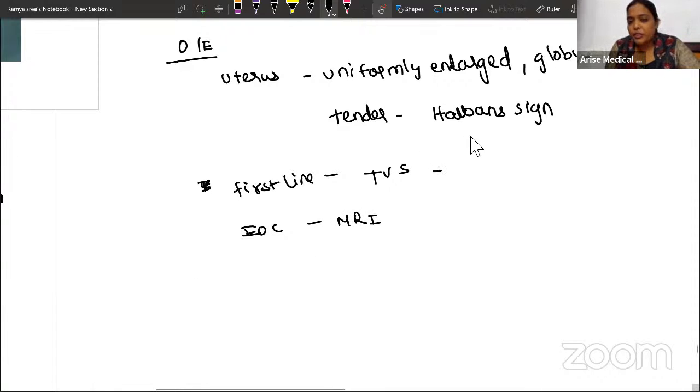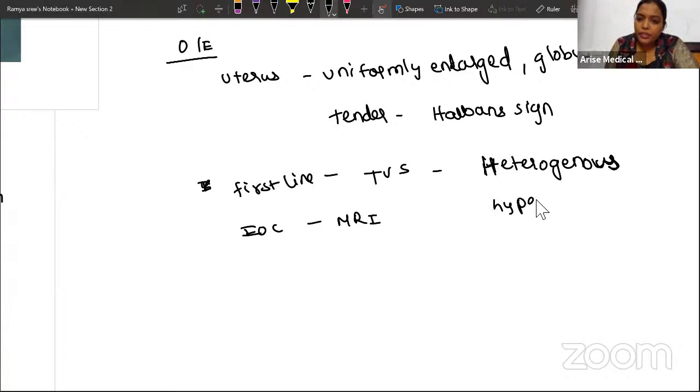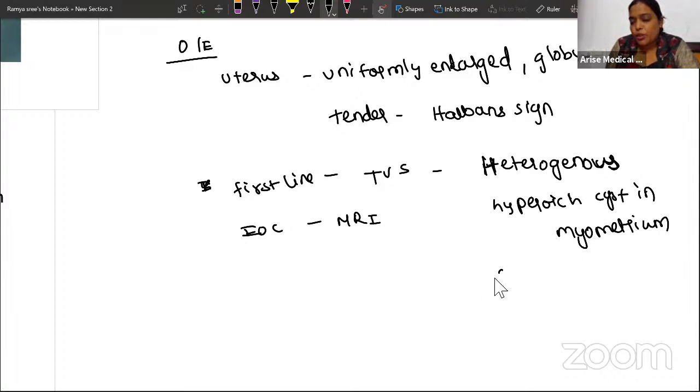So on TVS, you will see heterogeneous hyperechoic cysts in the myometrium, and that will appear as salt and pepper appearance or Venetian blind appearance.